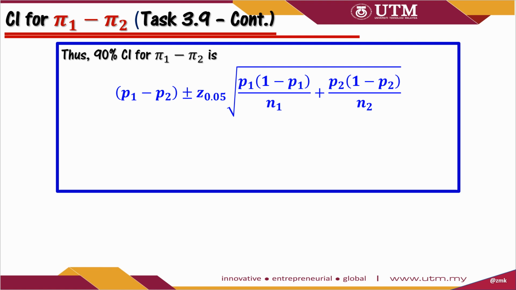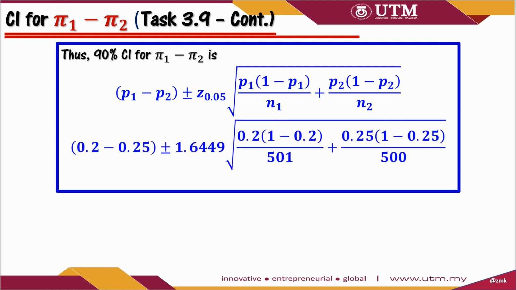By substituting all the relevant information in the confidence interval formula, the answer is then given by negative 0.0933 and negative 0.0067, or simply negative 9.33% and negative 0.67%.